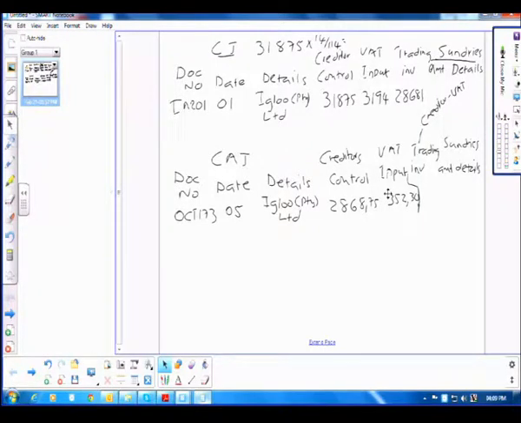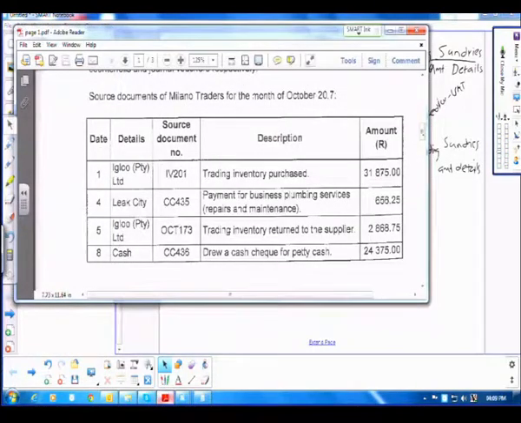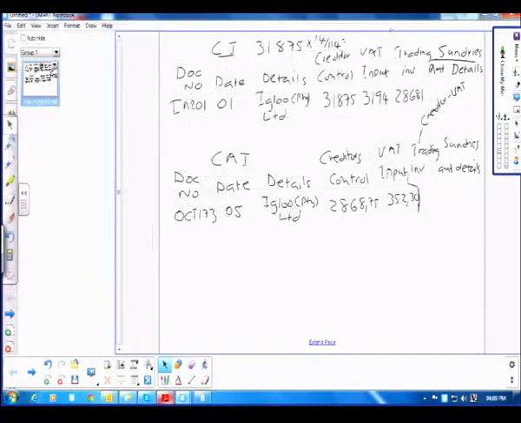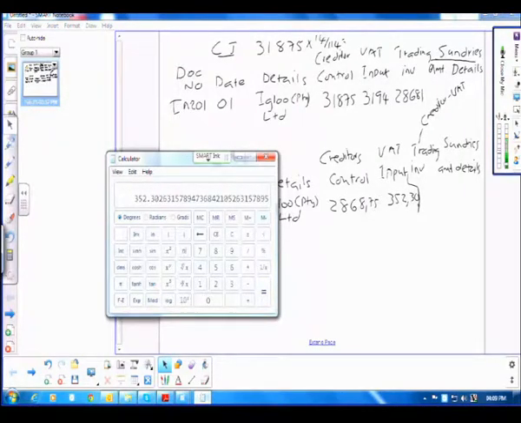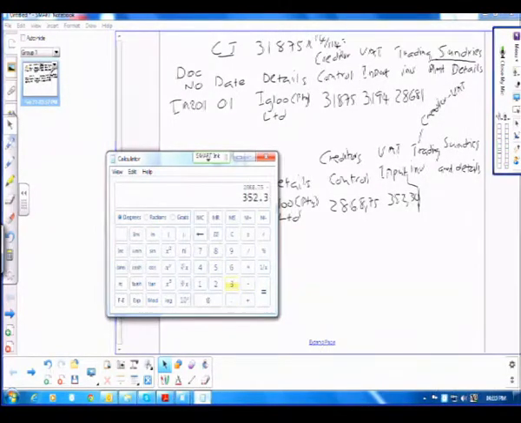Okay, so now we are going to calculate the amount that goes to the VAT input. We are going to say 2868.75. Okay, sorry, just want us to go to our lovely calculator here. So what we're going to say is 2868.75 minus 352.30.